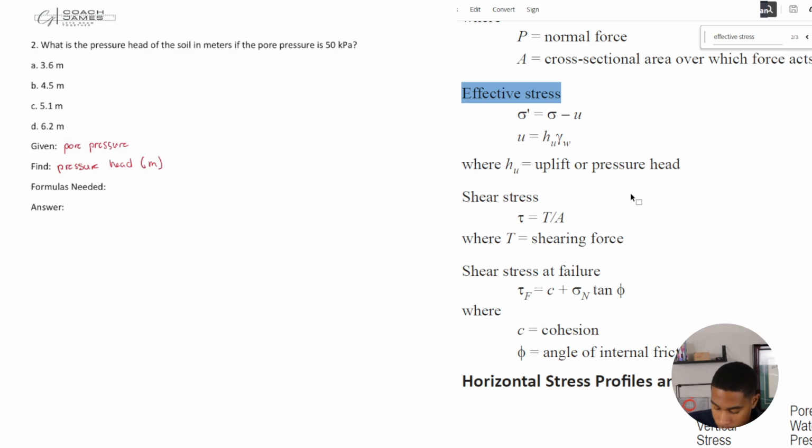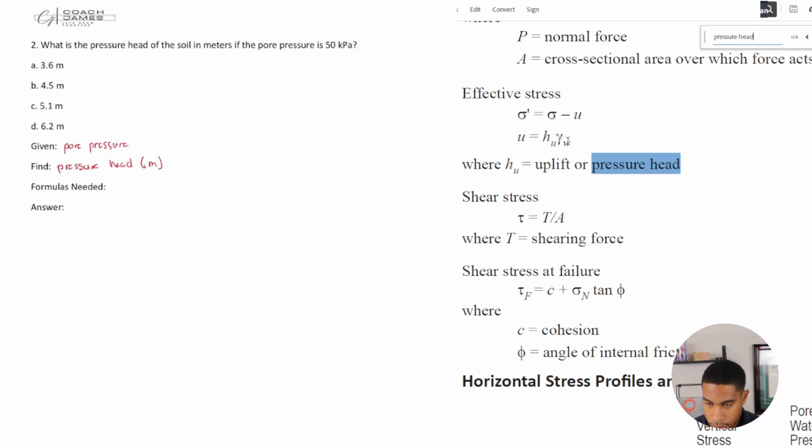Any formulas that we might need when we're trying to find pressure head? So I'm going to search pressure head. Okay, so I think we're already maybe in the right spot. So h_u is pressure head. Okay, I think that's what we're trying to solve for.